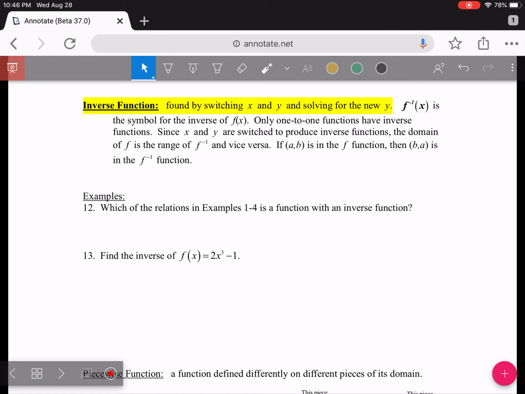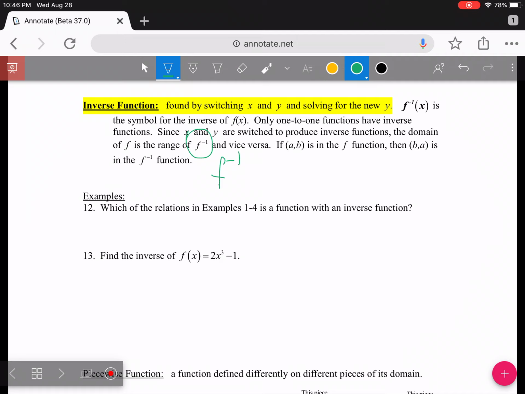All right, so for inverse functions, basically what we do is switch the x and the y, and then solve for y again. So they have to be one-to-one to be able to have an inverse, because they're switched. The domain of f is the range of f inverse. This is how we write f inverse, like an f with a little -1.